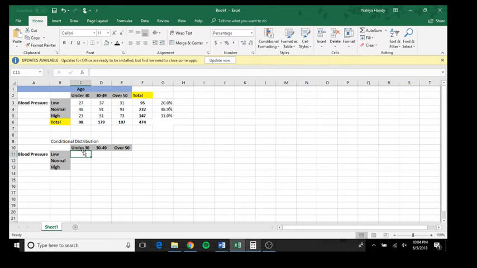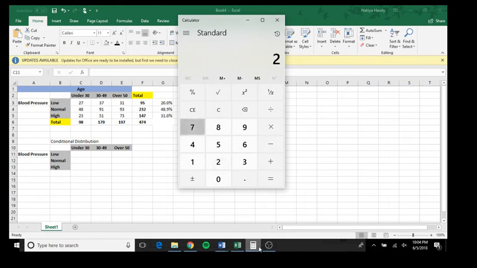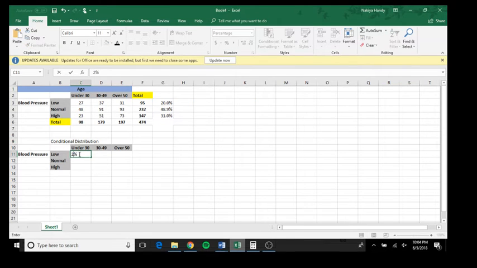So the total number for this is 98. So we're going to do 27 divided by 98, and we're going to get 27.6% because we're rounding.